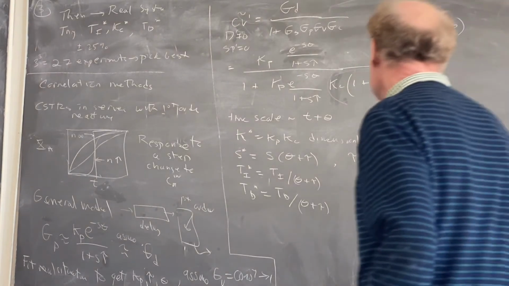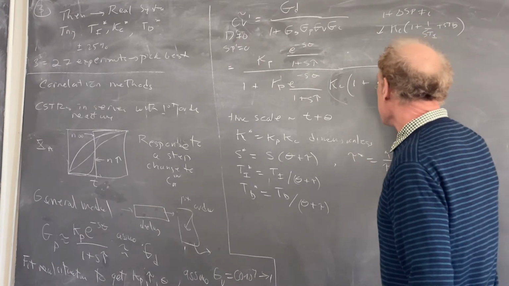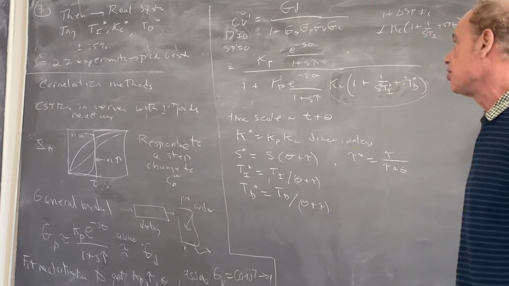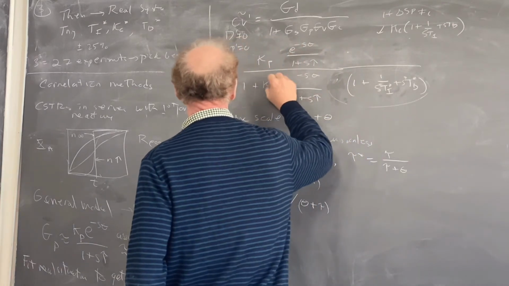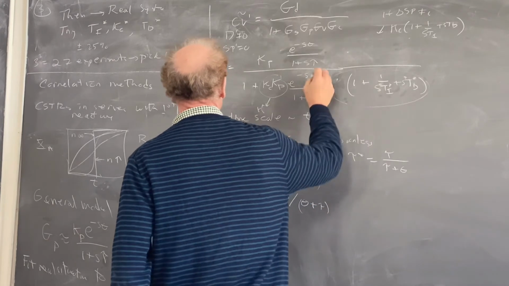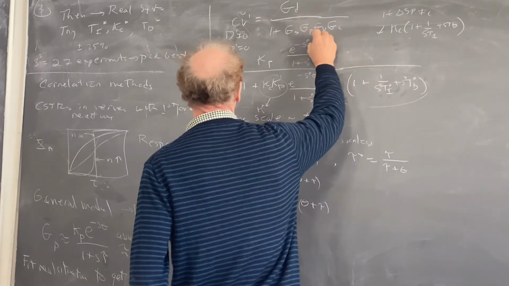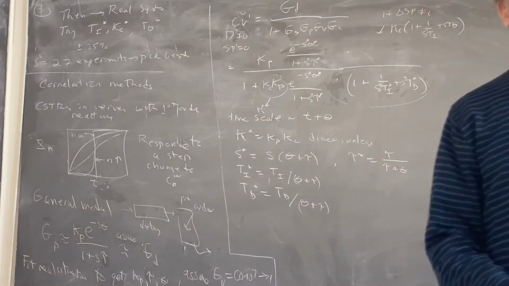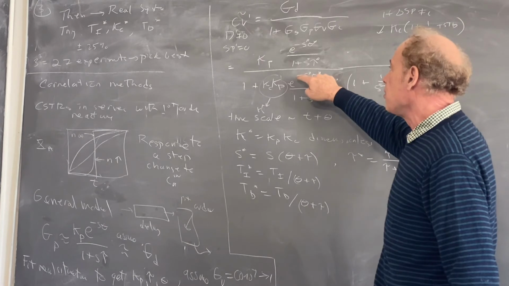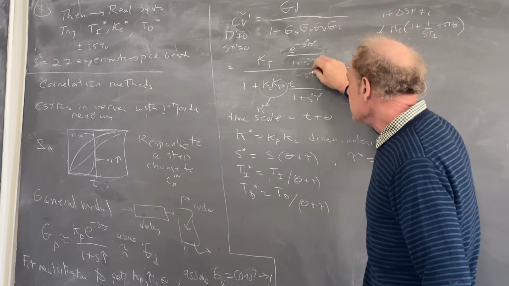Okay, so let's notice that if I multiply and divide by theta plus tau, I get S star tau star here. Kp Kc is exactly K star. And if I multiply and divide by theta plus tau, I just get stars there, because when I have S times theta, I multiply by theta plus tau, that makes S star, and I divide by theta plus tau, that makes theta star.